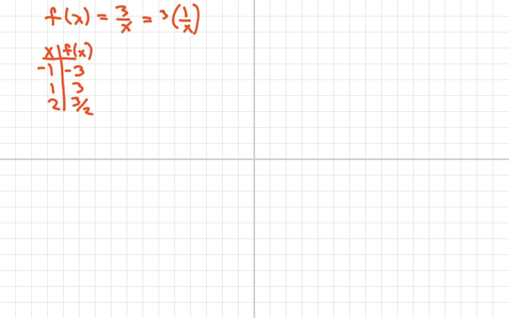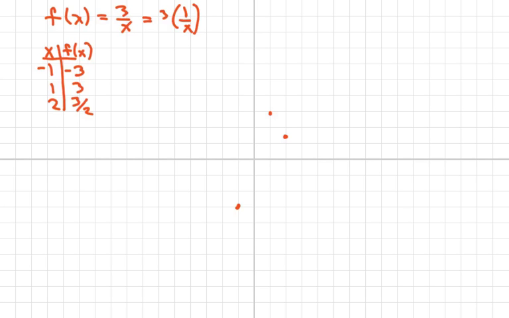If you plot this, negative 1 goes to negative 3. This just gets spread out. And then 2 goes to 1.5.